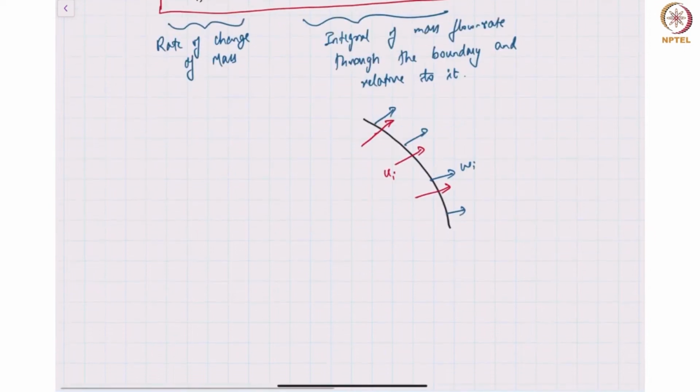For example, if you take a droplet which is just oscillating, let's start with a circular droplet. And if it's oscillating, let's say start with a spherical droplet in 2D.